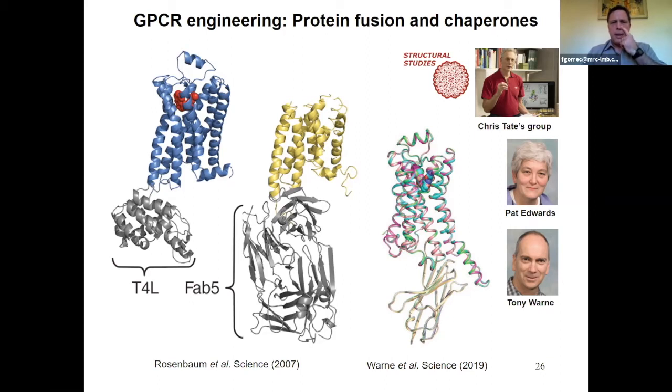You can see here the beta adrenergic receptor engineering. On the left, the GPCR is fused with T4 lysozyme, which crystallizes readily, and that helped to crystallize the overall structure. Another approach was to make a complex with an antibody fragment. That makes the size of the sample quite bigger, but that was the only way to basically stabilize the GPCR and have it crystallize.